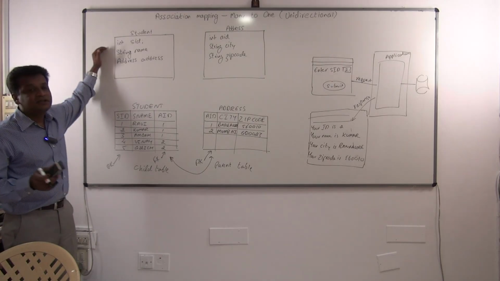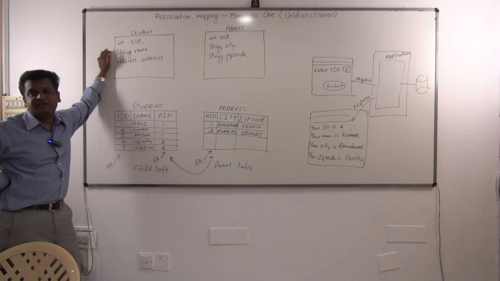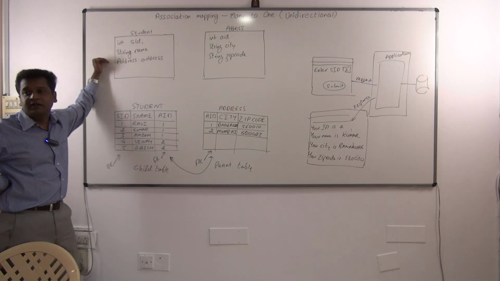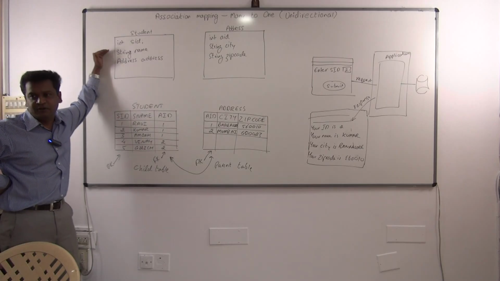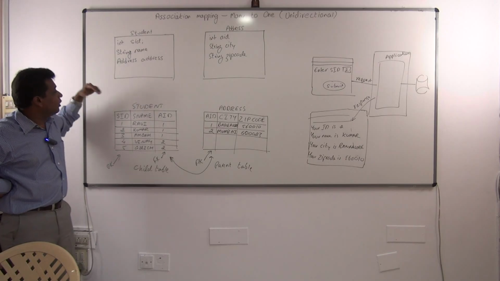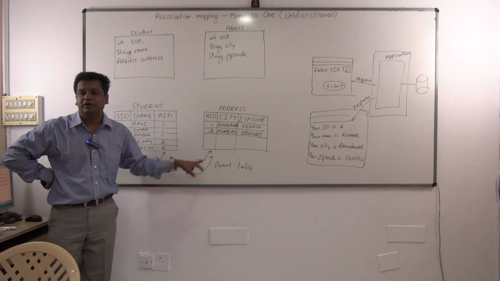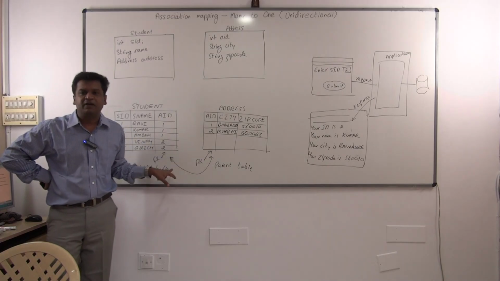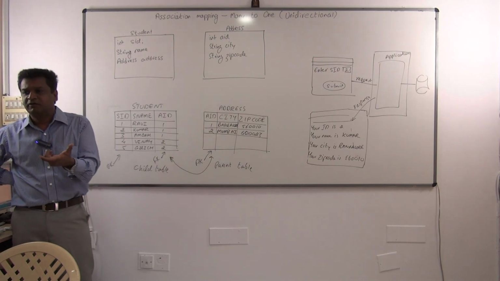Here, clearly understand. In object relational mapping there are two different worlds. One is the relational world. The other one is the object oriented world. Carefully notice: in the relational world, how do you relate two different entities? We relate both the tables using an ID, meaning primary key and foreign key.